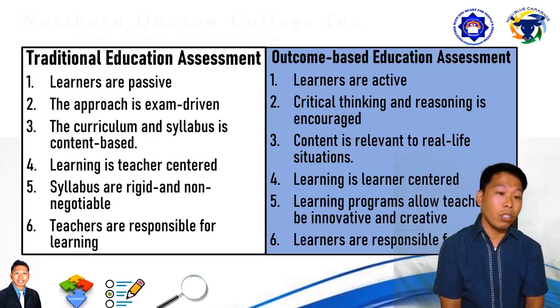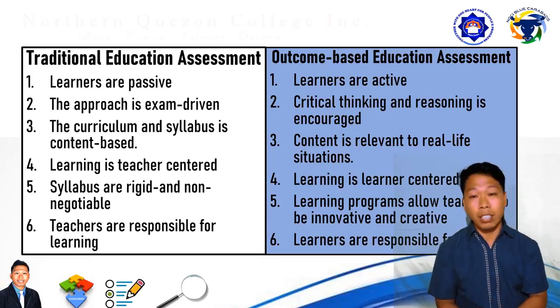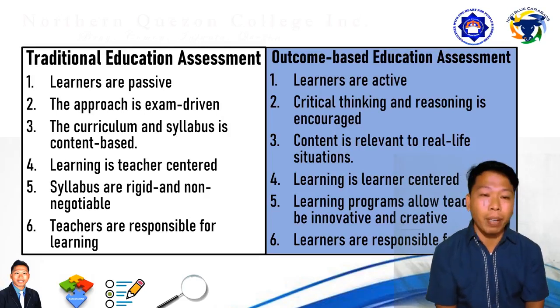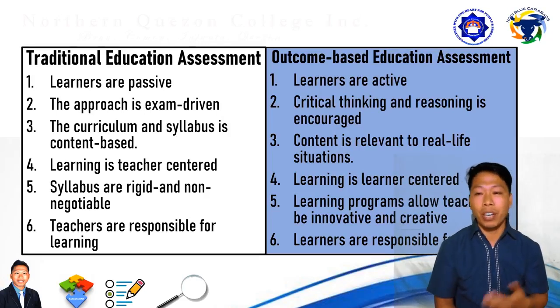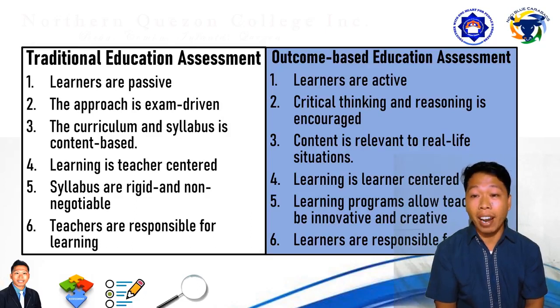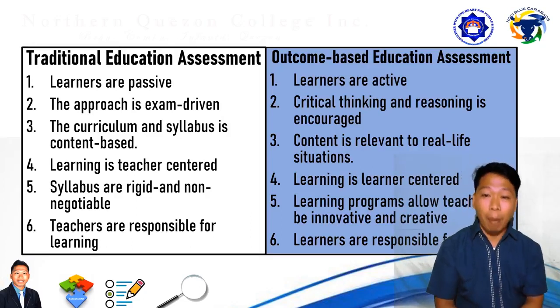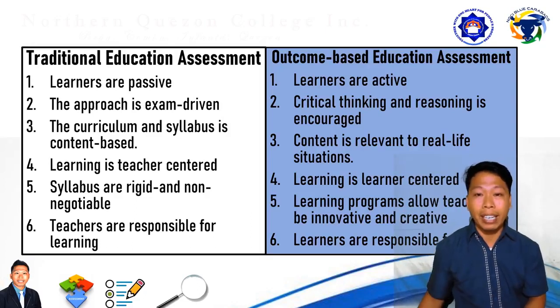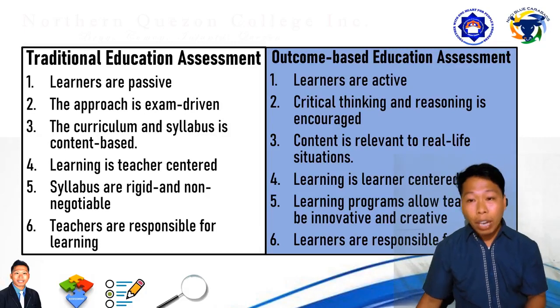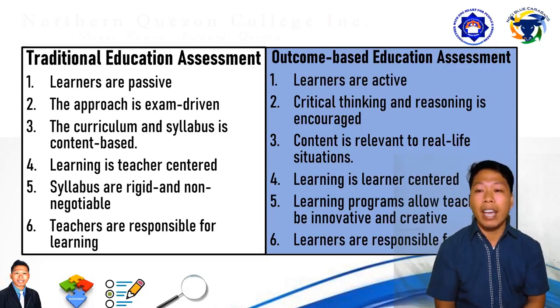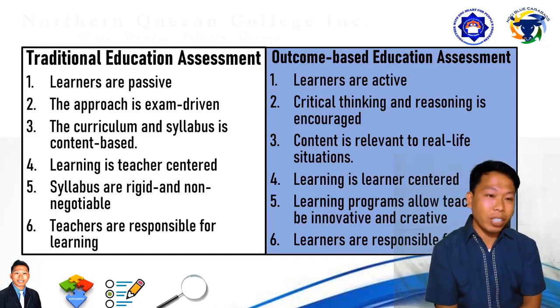Okay. So, in traditional education assessment, learners are passive, while in outcome-based education assessment, learners are active. The approach is exam-driven in traditional, while in outcome-based, critical thinking and reasoning is encouraged.